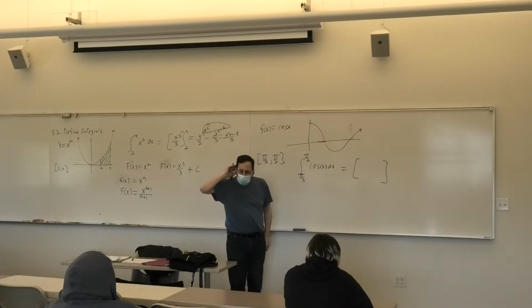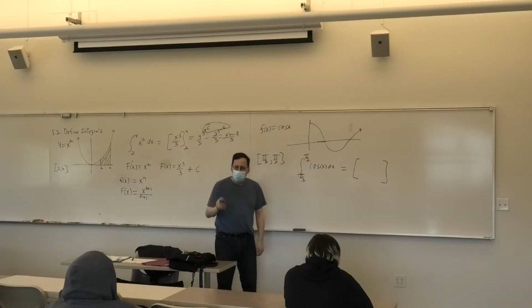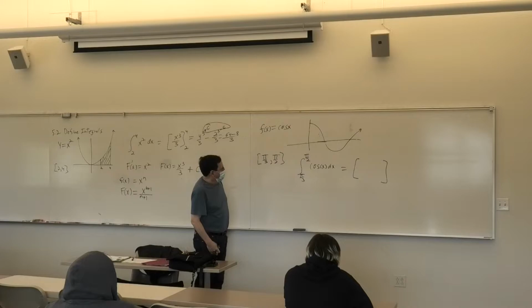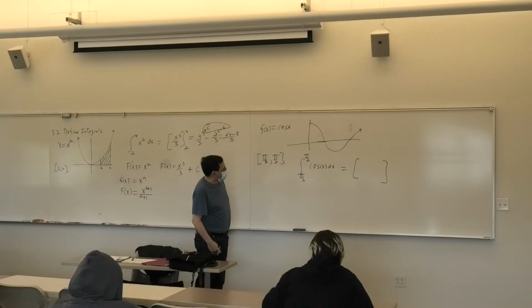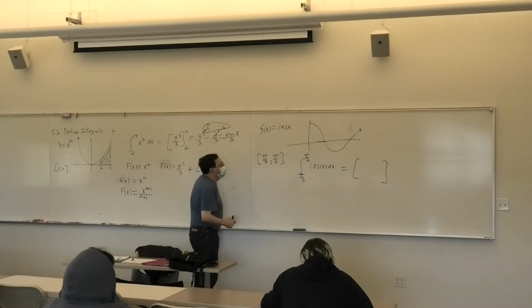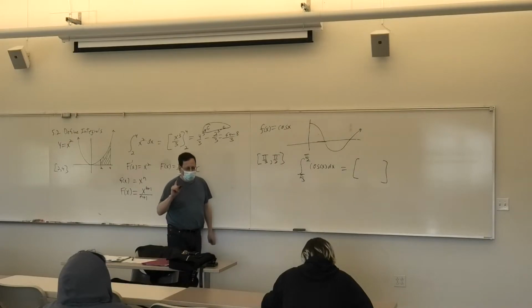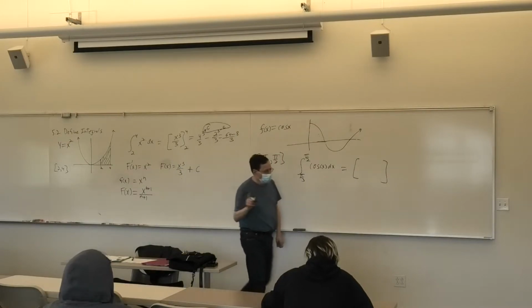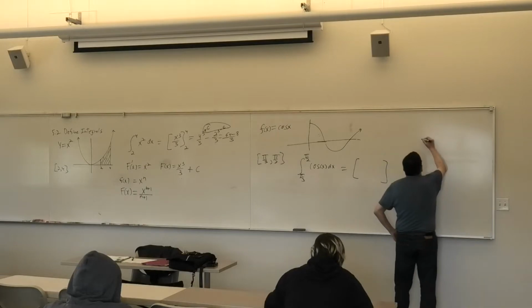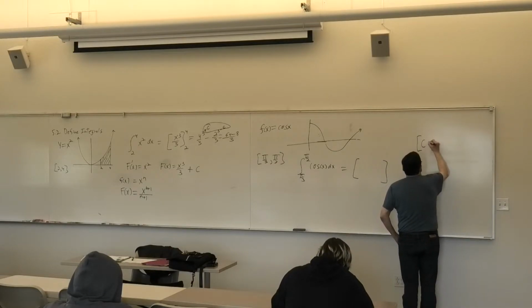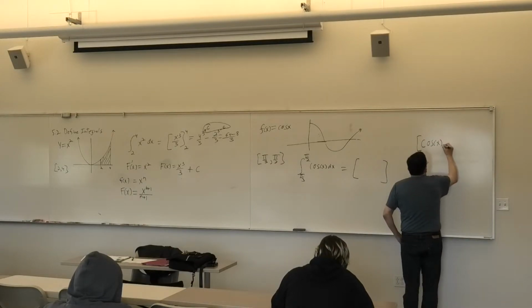Would it be cosine x squared divided by 2? I know how you got there. I think it's worth looking down that wrong alley for a second. So what you're kind of saying is cosine of x.